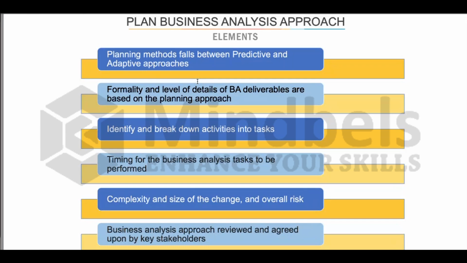Those are the things you have to keep in mind. Complexity, size of the change, and overall risk. Now what is this? It's nothing but the complexity of the project. Let's say you identify the challenges, there is a complexity of opportunities, the project size may differ, the risk is involved, correct?